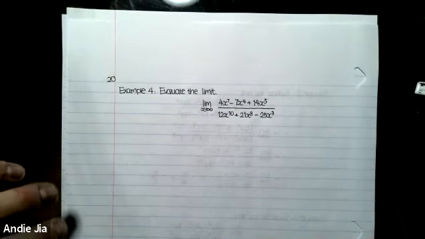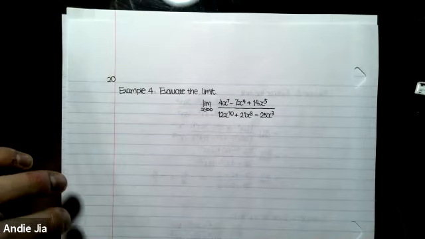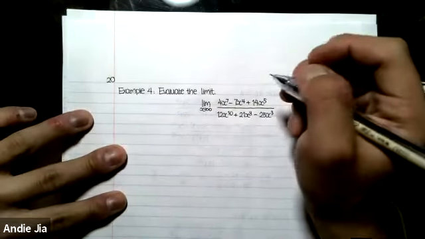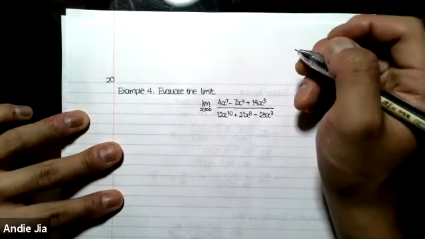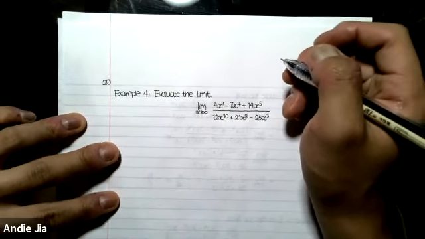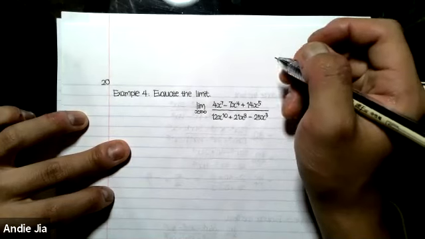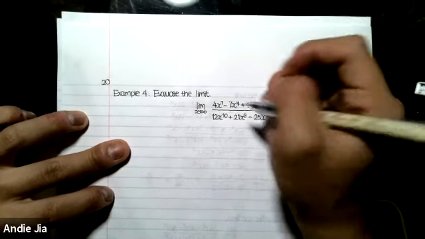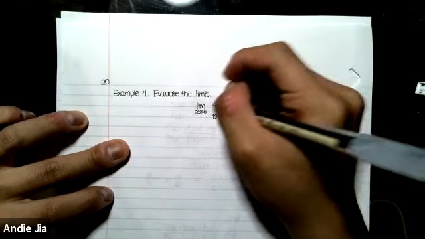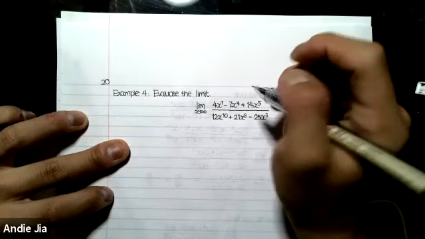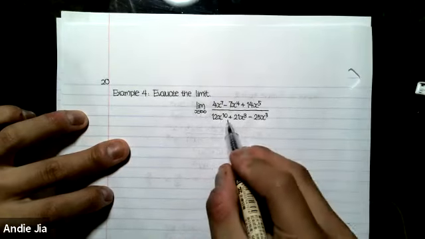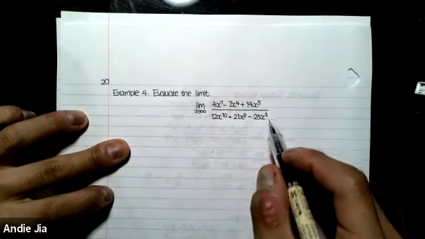Now let's begin. The highest power is a 10, so divide by x to the 10th. In this case, we can't divide by 7, because if you divide by 7, this is all going to be a 0.